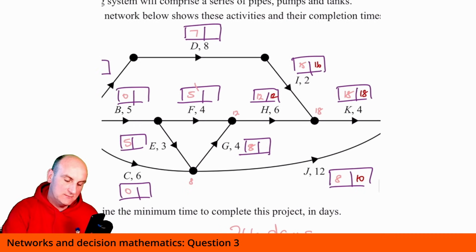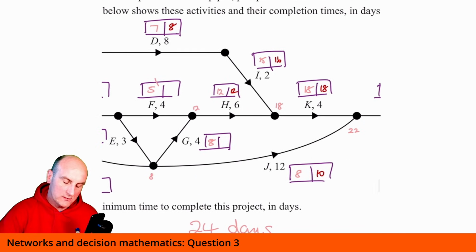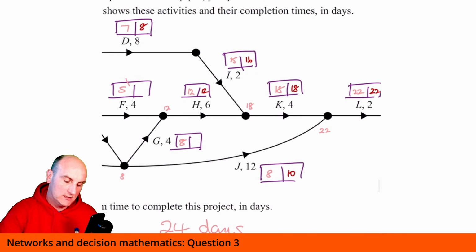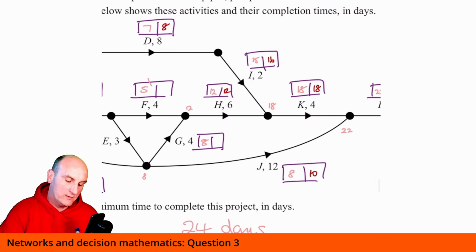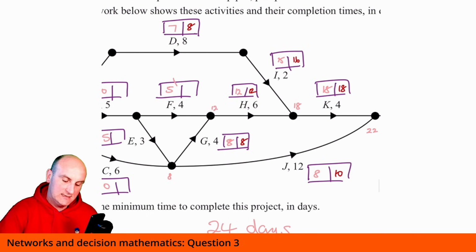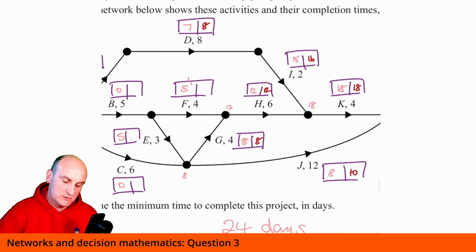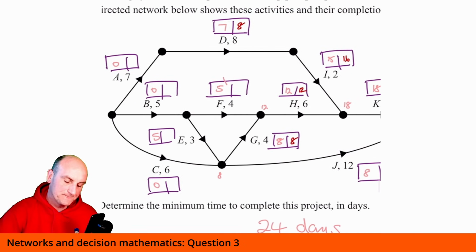Where we go, 16 minus 8 gives me 8. Where are we now? We got 12. Yep, right, so 12 minus 4 gives me 8. I've got 8 and 10 coming into that choice there, so I'm going to choose the smallest, which is going to give me 8.